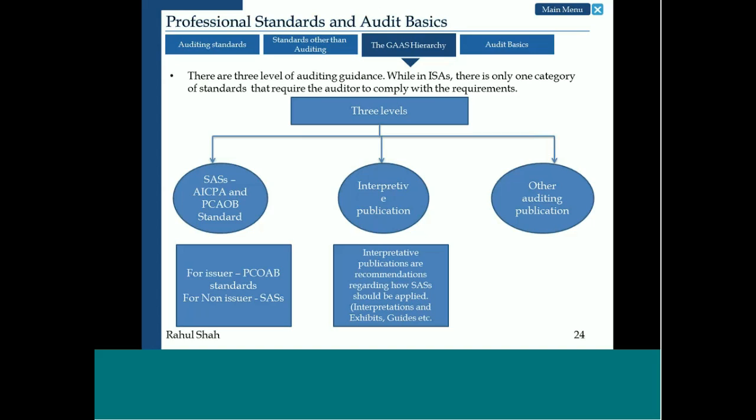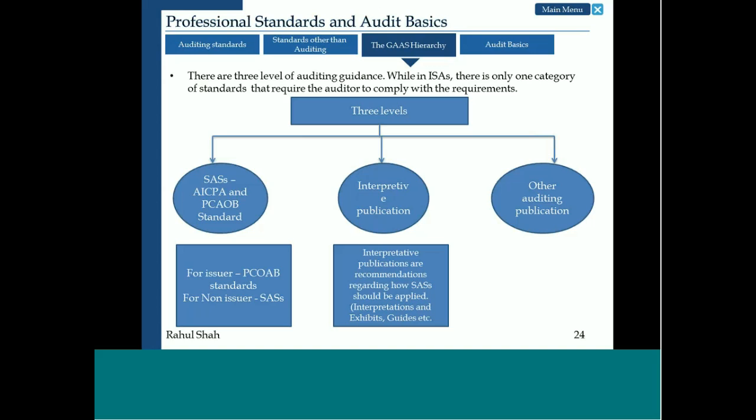Now, say for example, this is more of a hypothetical example, the PCAOB standard says the auditor has to be independent while doing an audit. Say, just hypothetically, an interpretation or guide with respect to independence says you don't require independence when you are doing an audit of a public company.